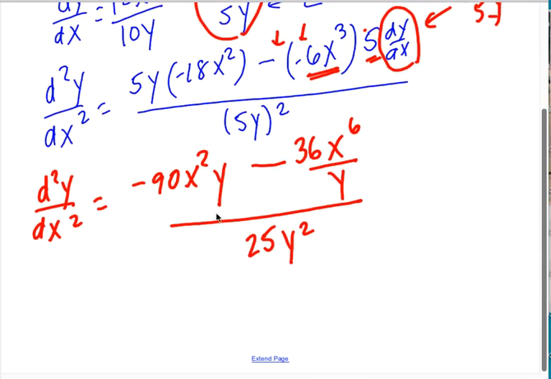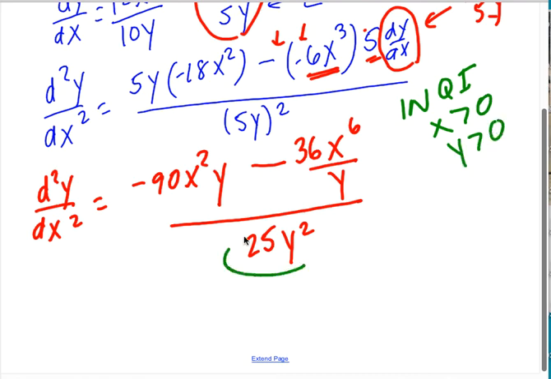So I could, if I want, get a common denominator on the top. It's definitely something you do sometimes. I'm going to argue at this moment, I can tell you that this curve is always concave down in quadrant 1. Here's my reasoning. In quadrant 1, x is greater than 0 and y is also greater than 0. Well, this denominator is going to be positive anyway, as long as y is not 0.